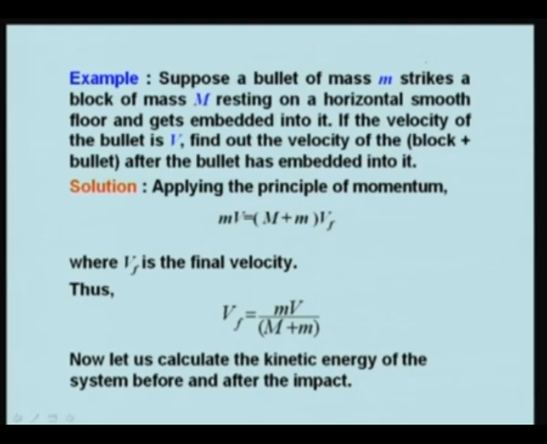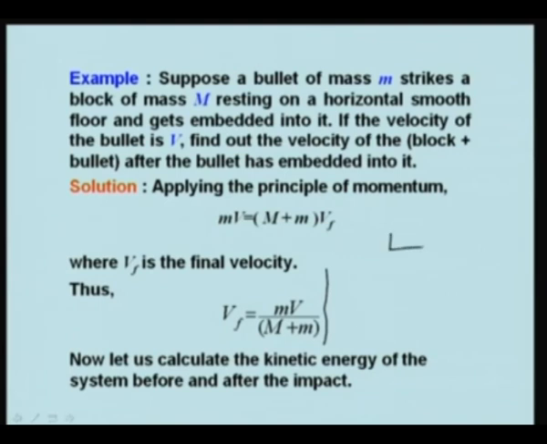Now, applying the principle of momentum, since there are no external forces acting, mv is equal to (m plus m) vf, where vf is the final velocity. Thus, vf is equal to mv divided by m plus m. Now, this is the final velocity of the block.